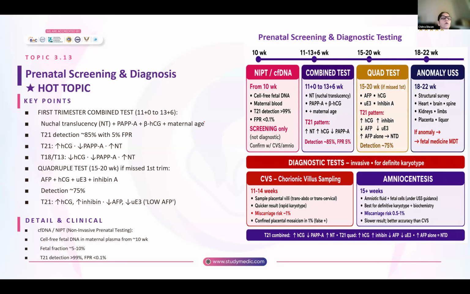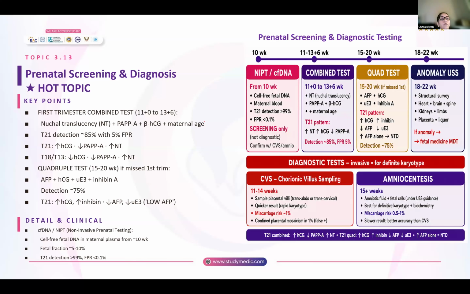So the rate of detection for trisomy 21 is about 85% with the combined test, with a false positive of 5%. So we can say that it is fairly accurate, or it has a good predictive value for Down syndrome. Whenever you have Down syndrome, HCG is increased, but inhibin we do not do in the combined test. HCG is increased, PAPP-A is decreased, and nuchal translucency is also increased for Down's.